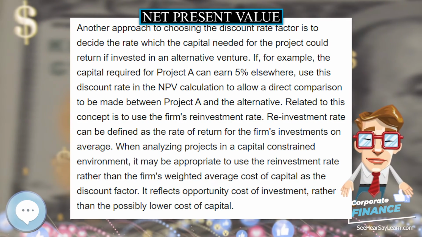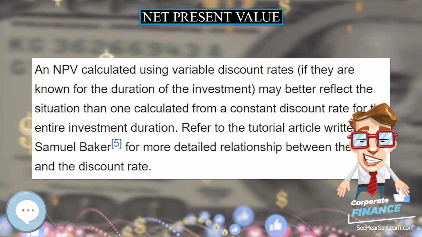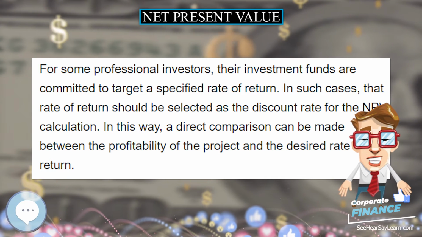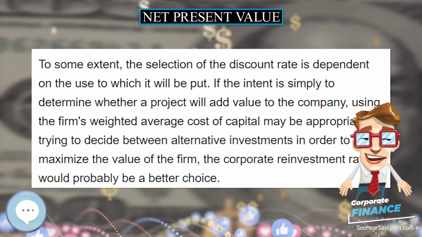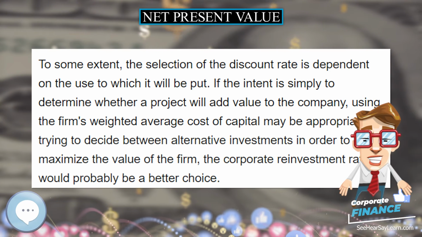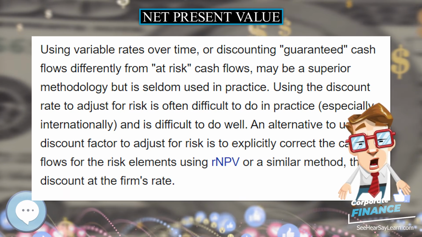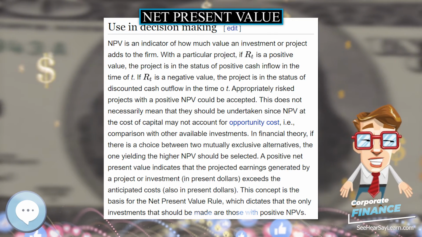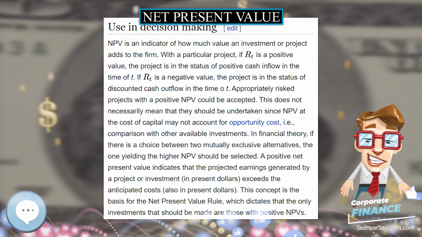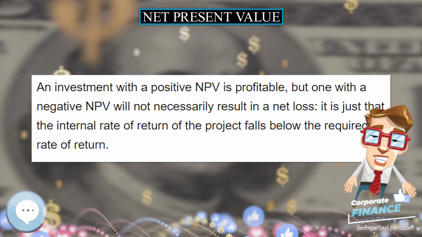The concept of time value of money indicates that cash flows in different periods of time cannot be accurately compared unless they have been adjusted to reflect their value at the same period of time, in this instance, t equals 0. It is the present value of each future cash flow that must be determined in order to provide any meaningful comparison between cash flows at different periods of time. There are a few inherent assumptions in this type of analysis.